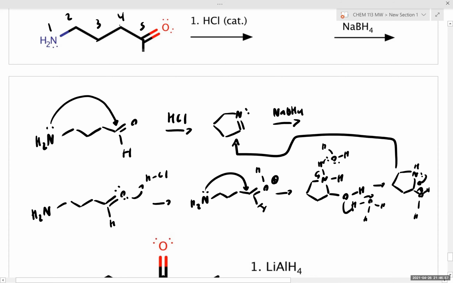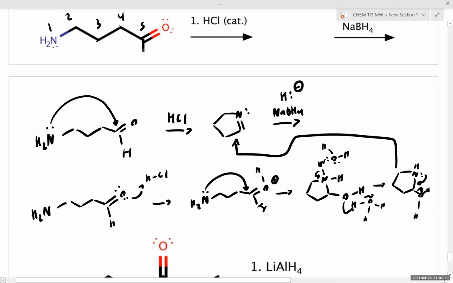Now, just like ketones, what happens when you treat an imine with a reducing agent? We have this electrophilic carbon.